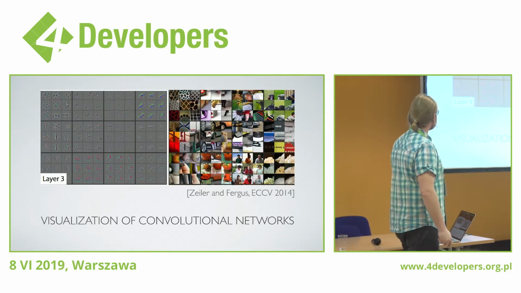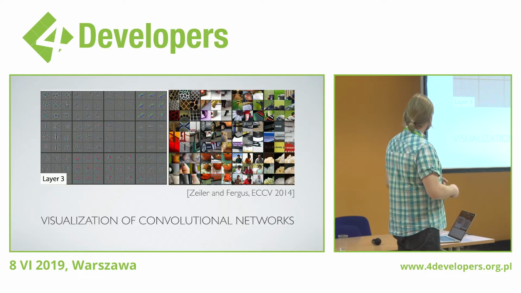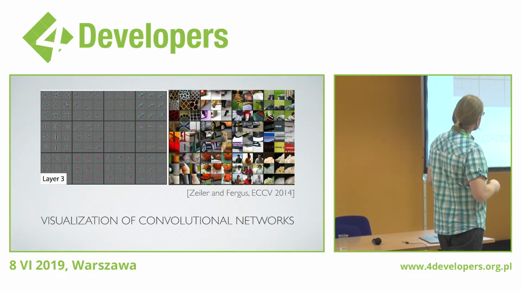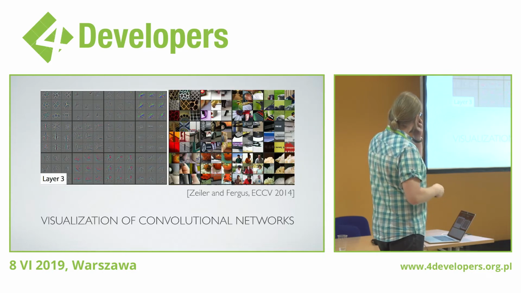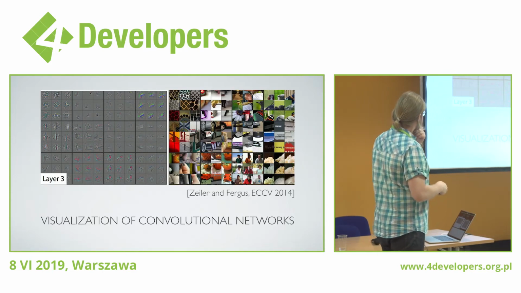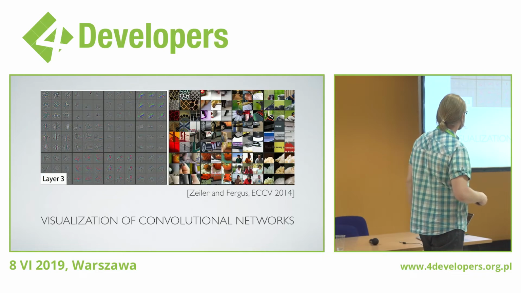And then you go further down into the next layer they analyzed, and you see more and more complex patterns are being detected. So here we see some, clearly some grids. There we already see something that is a wheel or a round object that's being detected.